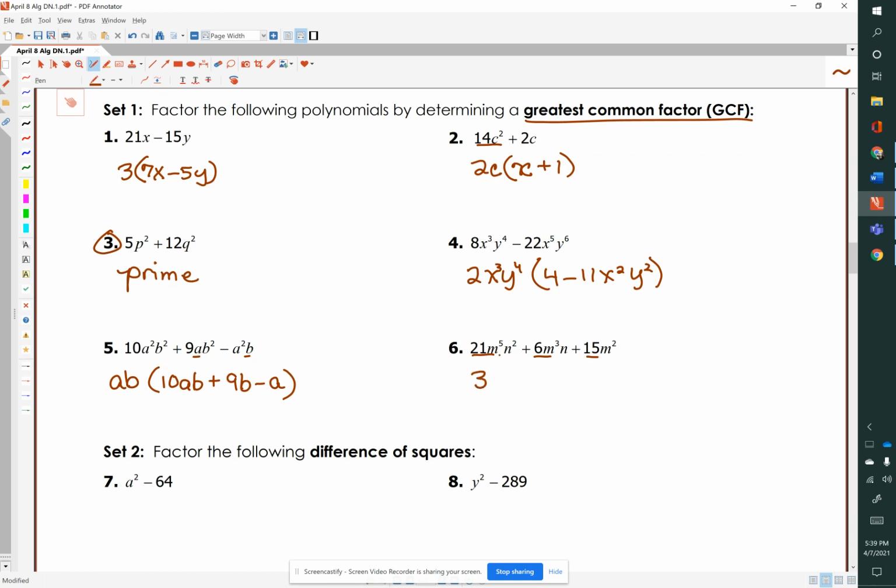I can also, they all have an m, and the lowest exponent is a 2, so I'll factor out m squared. 21 divided by 3 is 7. 5 minus the 2 on the exponents is m to the 3rd, and then I have that n squared that I was not able to factor out. 6 divided by 3 is 2, and we have 1 m left and 1 n left. And then plus 15 divided by 3 is 5, and we factored out m squared, so our work is done.